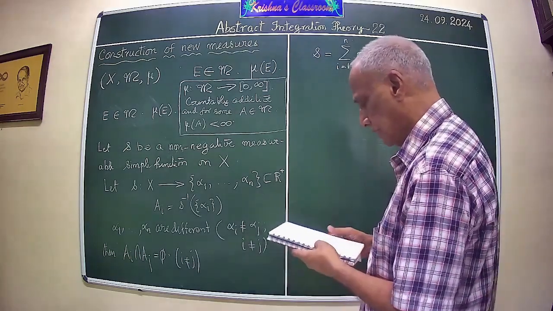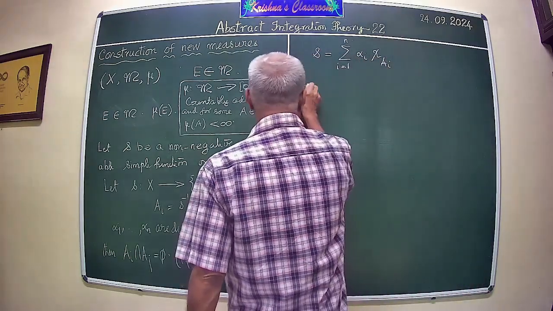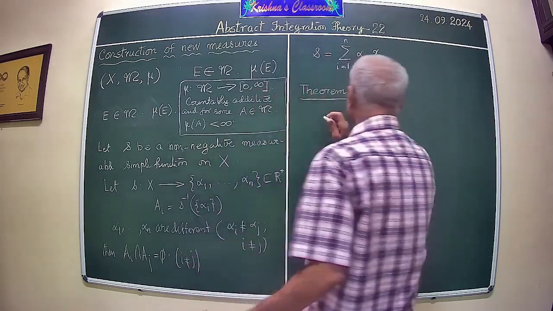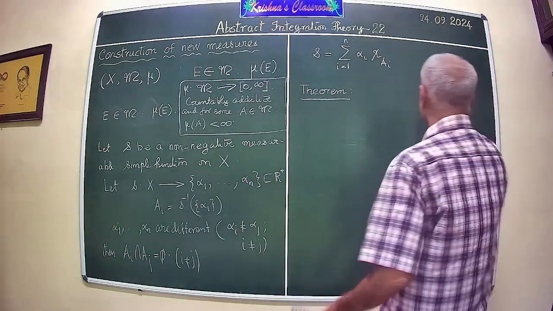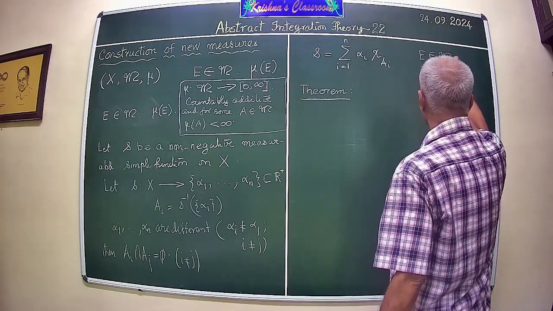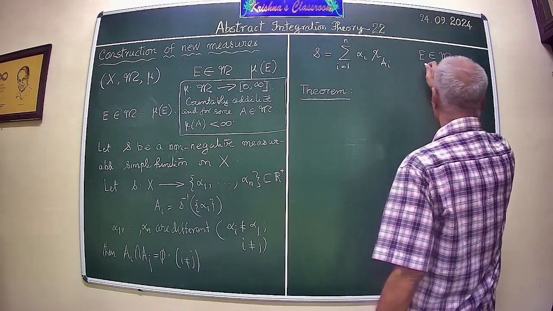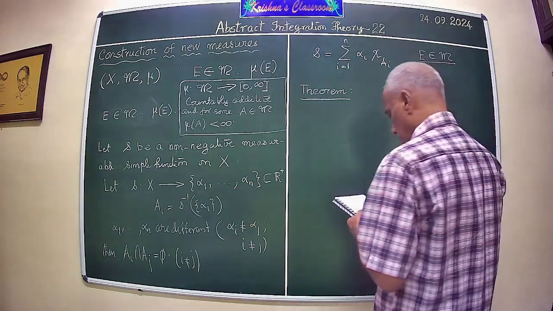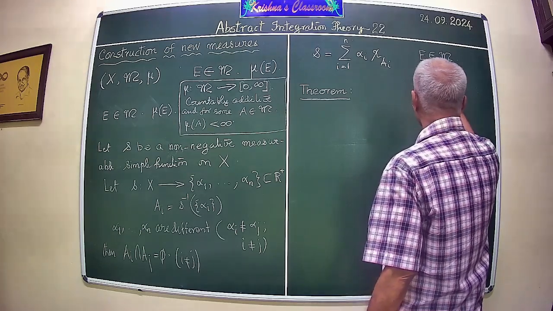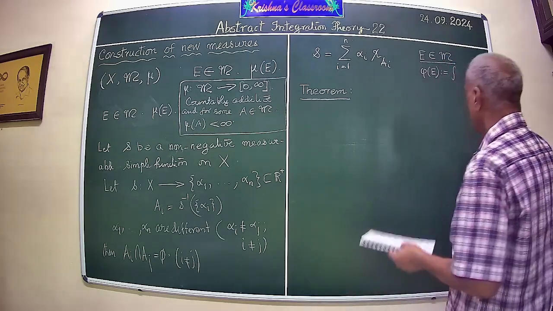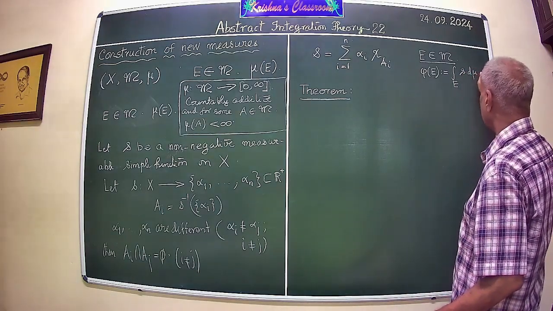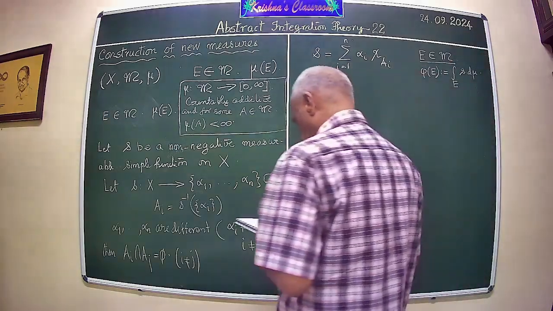Now we prove the following theorem. What we prove is this. Suppose you have got E, then you define the following: phi of E equals the integral over E of S d mu.